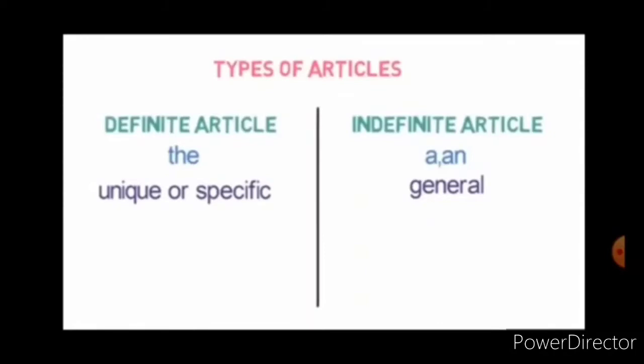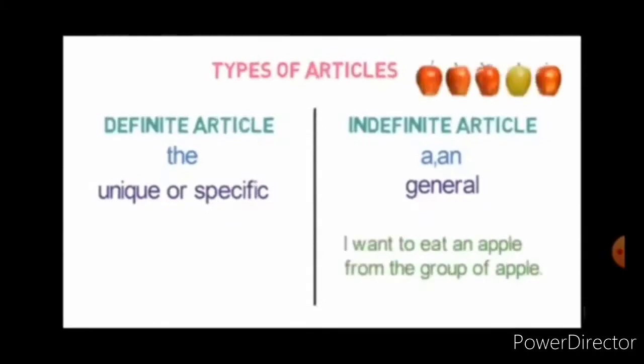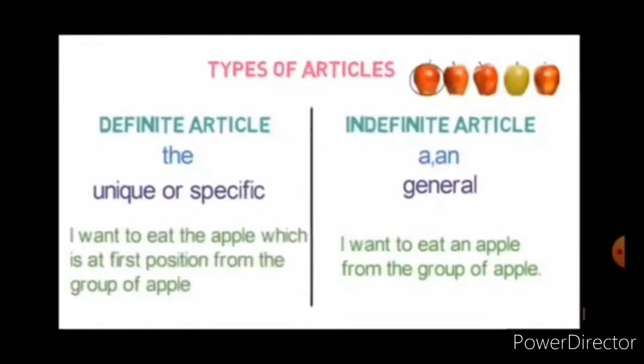For example, suppose there is a group of apples in front of you and you are given a choice to eat one of them. If you want to eat any one from it, what will you say? You will say, I want to eat an apple from the group of apples. Now suppose you want to eat a specific apple, say the first one.